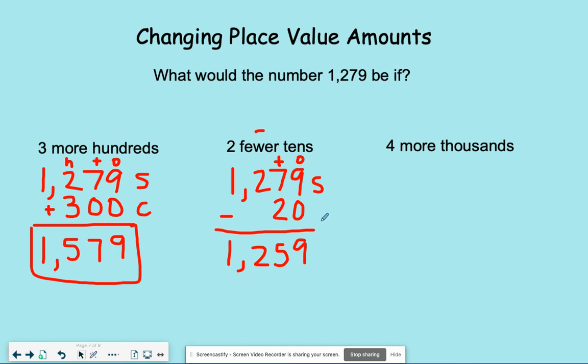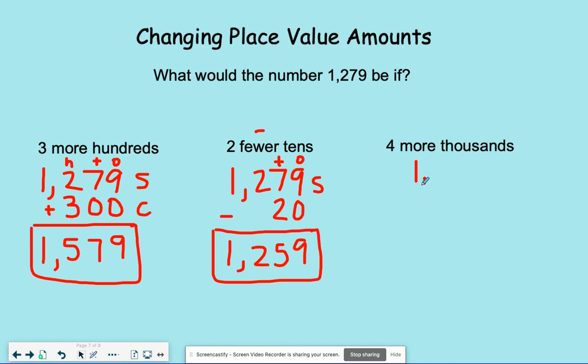We subtracted our 2 fewer tens to get an answer of 1,259. Notice when I say the answer, I do not use the word and. That's going to be very important because the word and actually means a decimal. And I don't have a decimal in my answer, so we have to leave that word out.